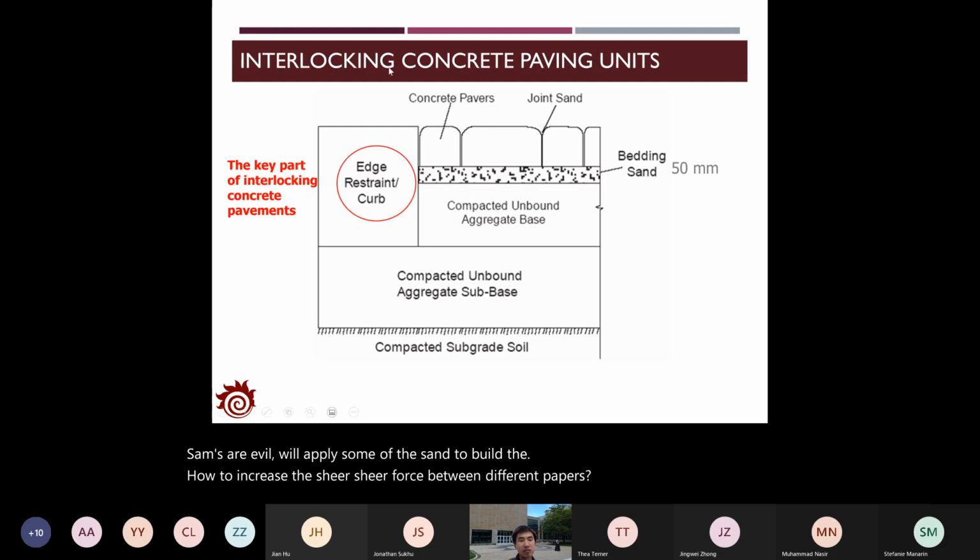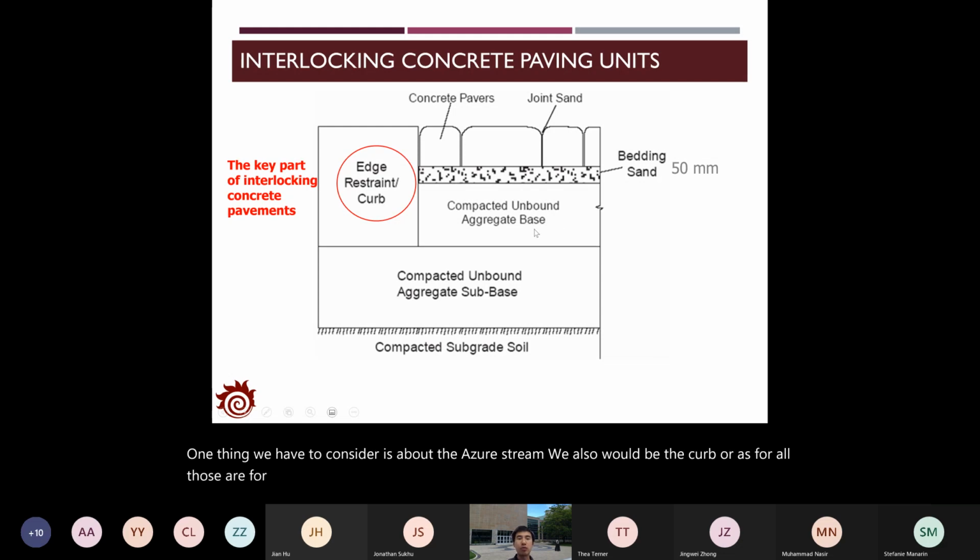And the one thing we have to consider is the edge restraint, also known as the curb. For interlocking concrete pavements, for most of the main roads, they are not bounded.